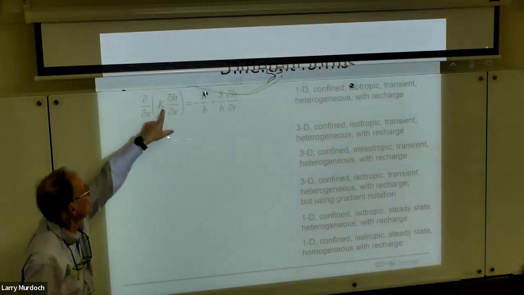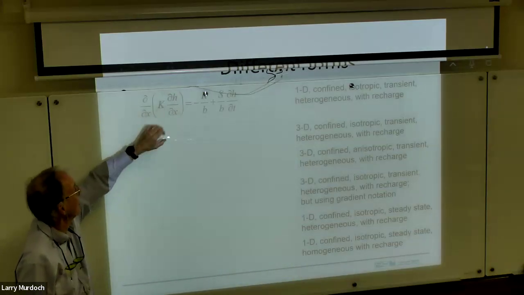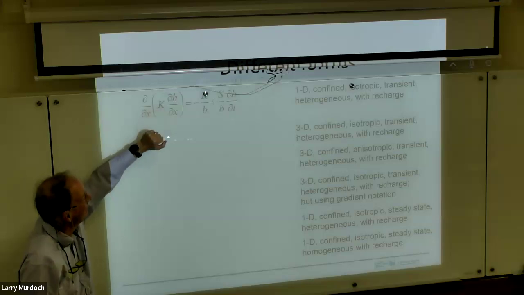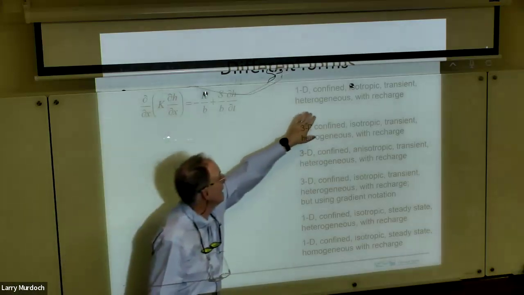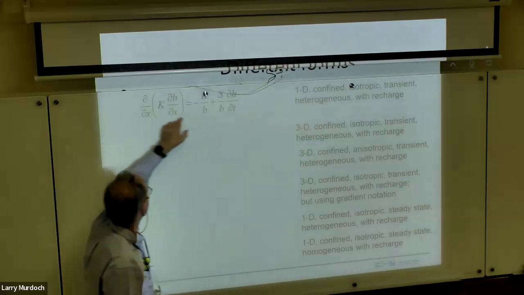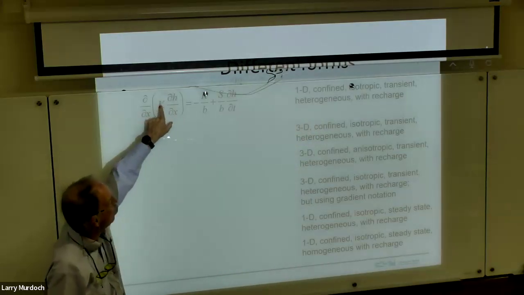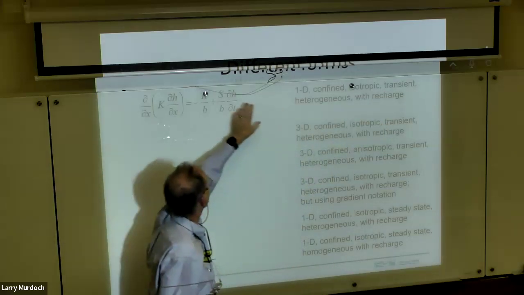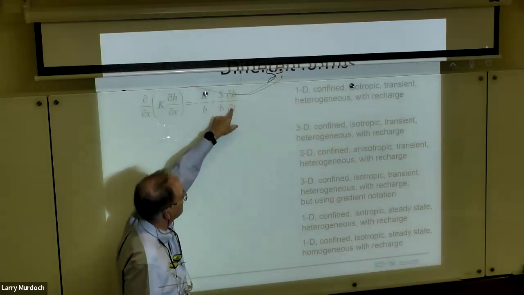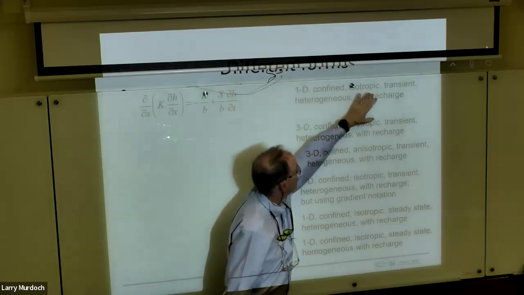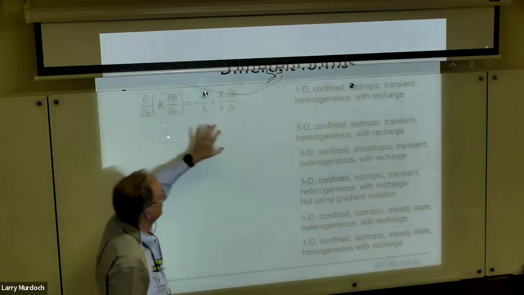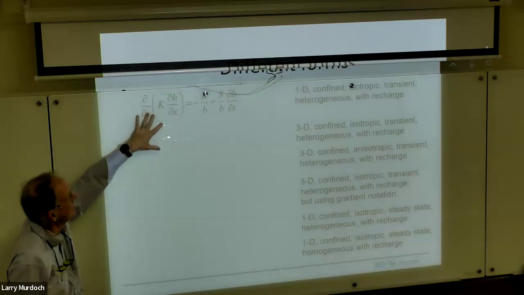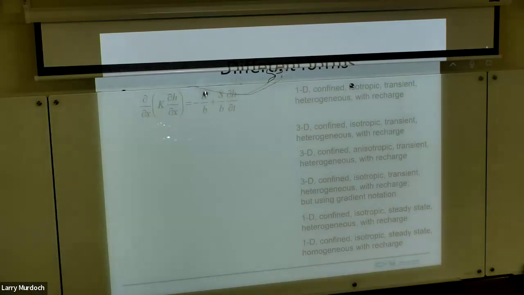So this is just one term, and that means that it is indeed isotropic. So it could be heterogeneous. That's the conductivity in here. There's recharge, and it's transient because the head can change with time. So these are all different components or descriptors of this version of the equation.